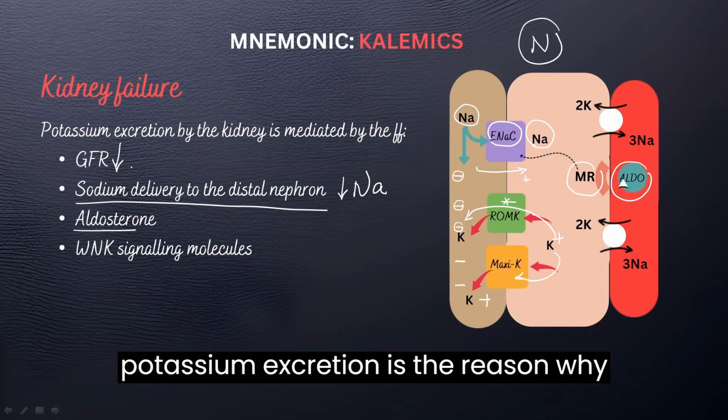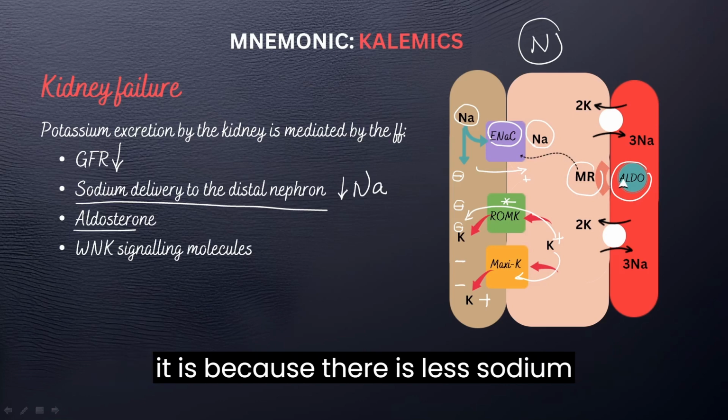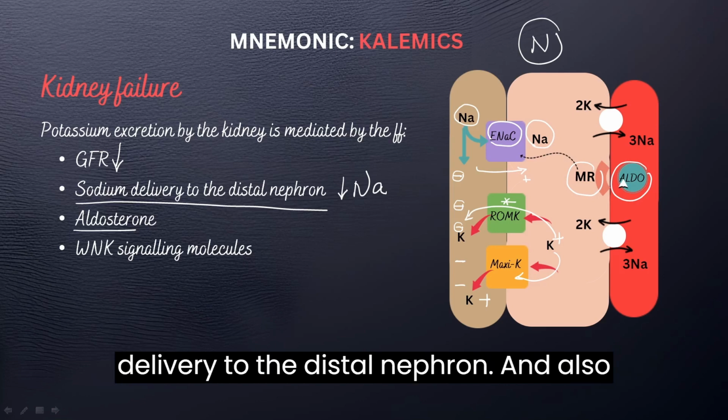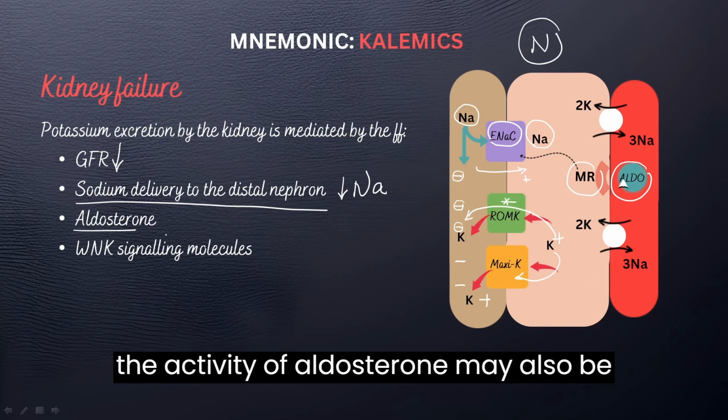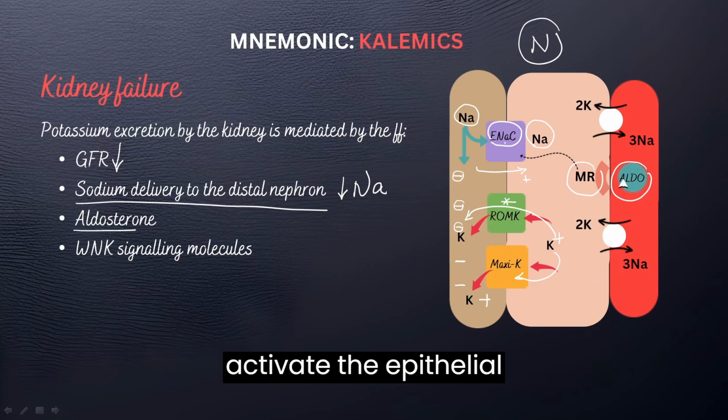All right, so impaired potassium excretion is the reason why hyperkalemia occurs, and you can say that it is because there is less sodium delivery to the distal nephron, and also the activity of aldosterone may be declined in certain instances, so as to activate the epithelial sodium channels.